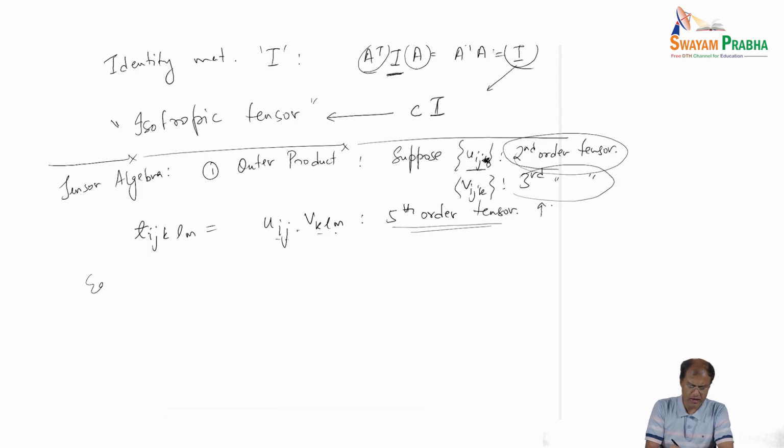Let us look at an example. Say you have vectors ui and vj, and these are of course tensors of order 1.